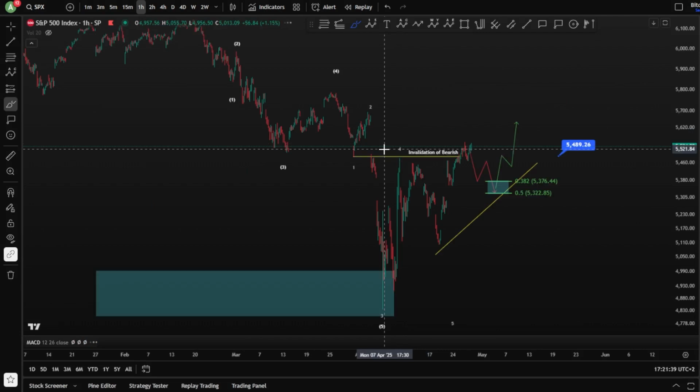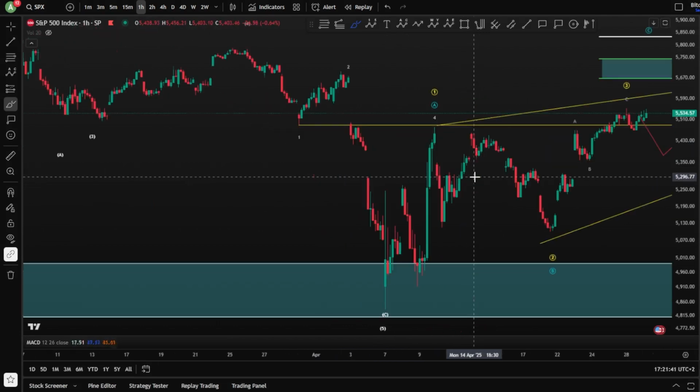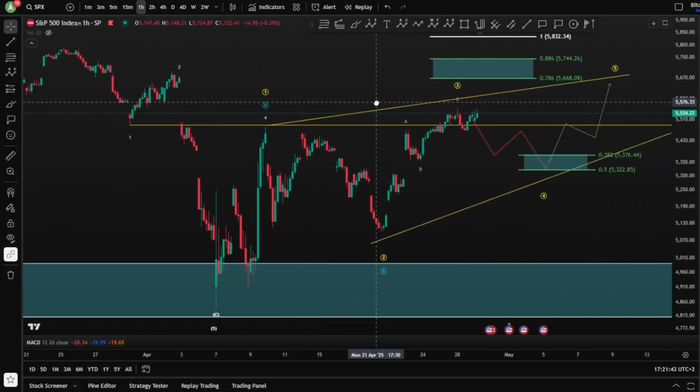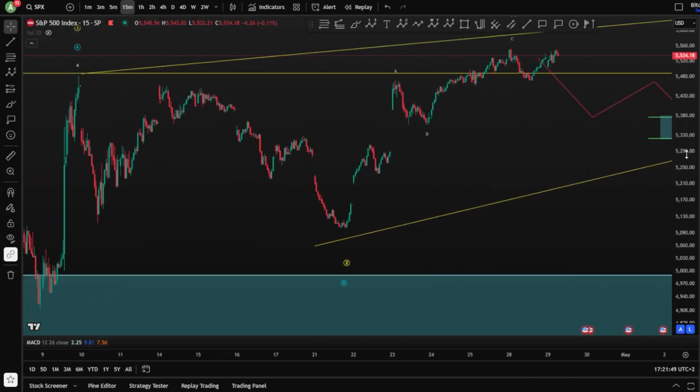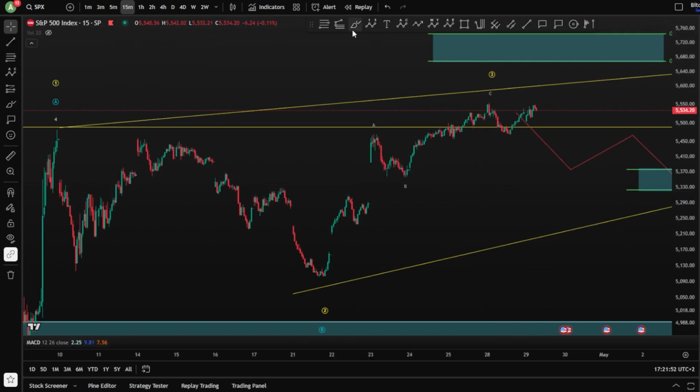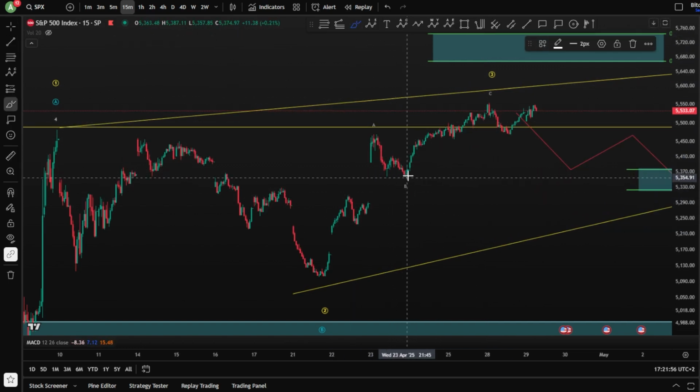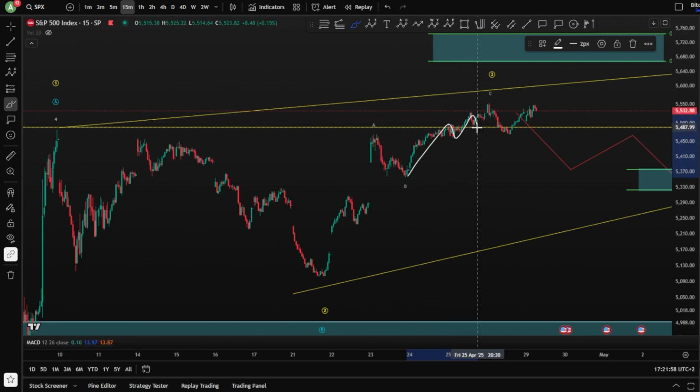Let's look at the SPX as well. On the SPX today we still see some green, because the formation of this wave C is a little bit weird. What I mentioned today in the live stream is that we might see here 1, 2, 3, 4, 5, a finished ending diagonal.